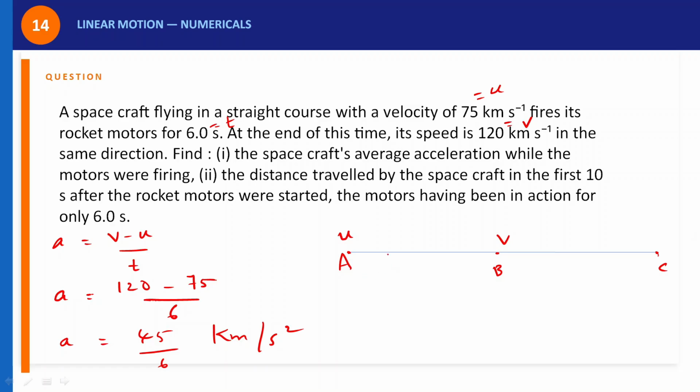A to B has taken the time of 6 seconds. A to C is 10 seconds. So what is the time between B to C? 4 seconds. Time is 4 seconds between B to C.